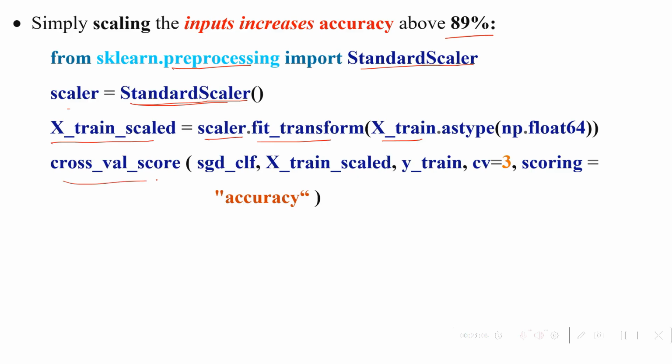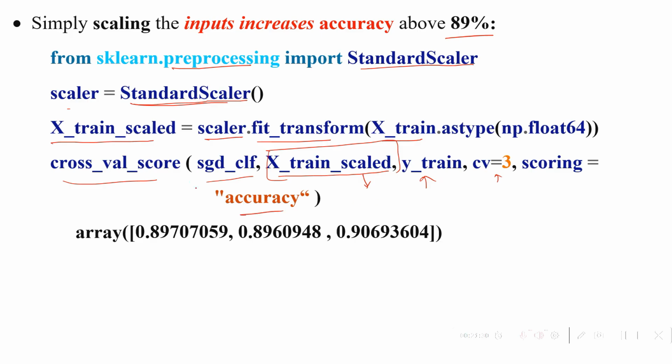After that we compute the cross validation scores based on the stochastic gradient classifier on the scaled training data set, with the X_train and y_train values, cv equal to 3, and scoring equal to accuracy. Now we find the corresponding scores: 0.89, 0.89 and 0.90.